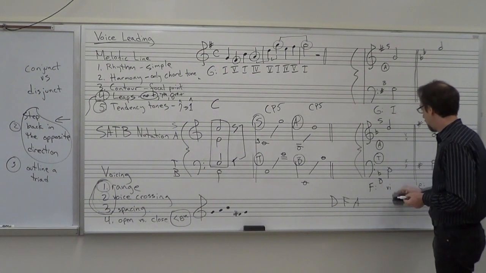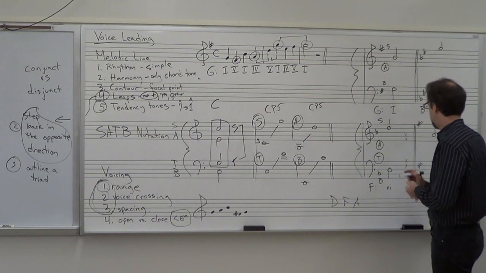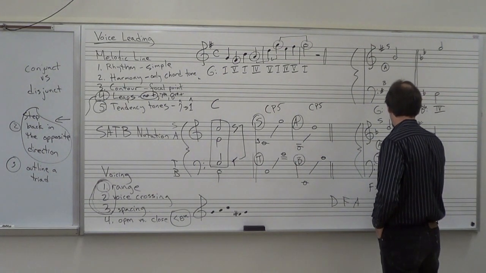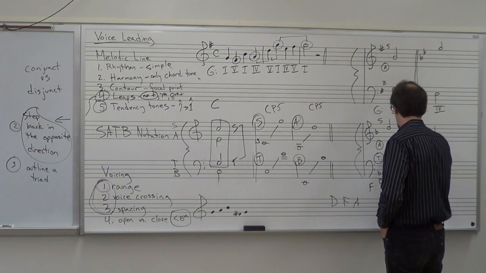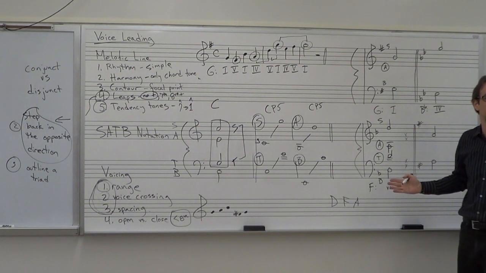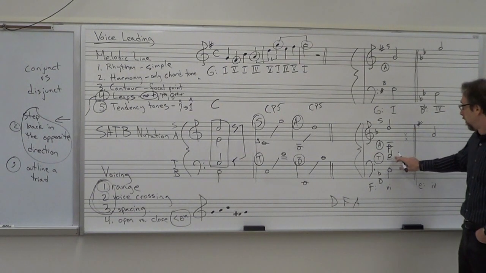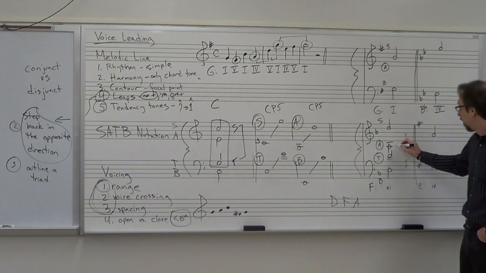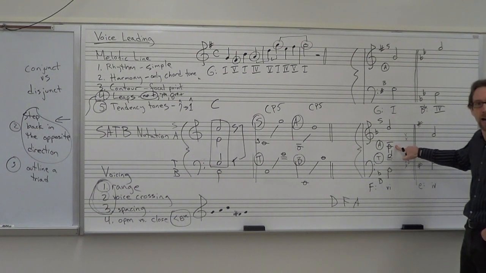Let's make another mistake. Let's see how many mistakes we can make here. All right, this is a horrible voicing. It's breaking multiple rules. We're not breaking a range rule because the tenor can sing an F and the alto can sing an A, but the tenor is definitely higher than the alto.